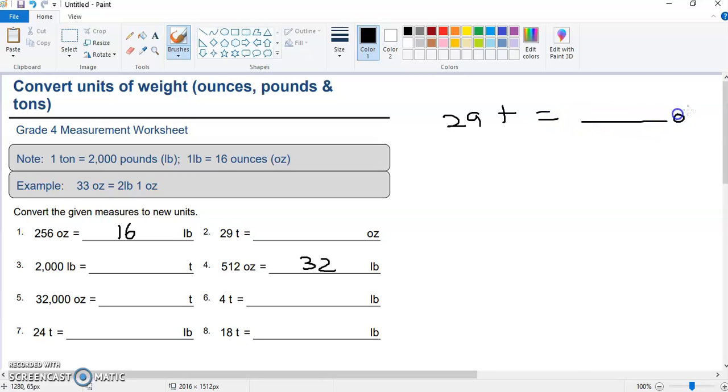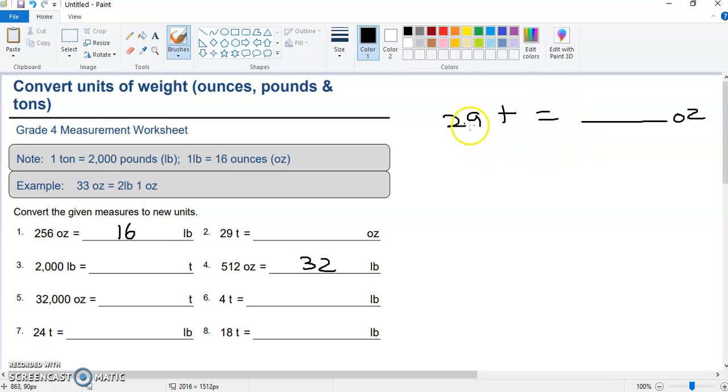And they want to know how many ounces those are. Well, we know that there's 16 ounces in a pound, and we know that there's 2,000 pounds in a ton. So I think we have to figure out first, how many ounces are in 1 pound? Well, we know that there's 16 ounces in a pound.